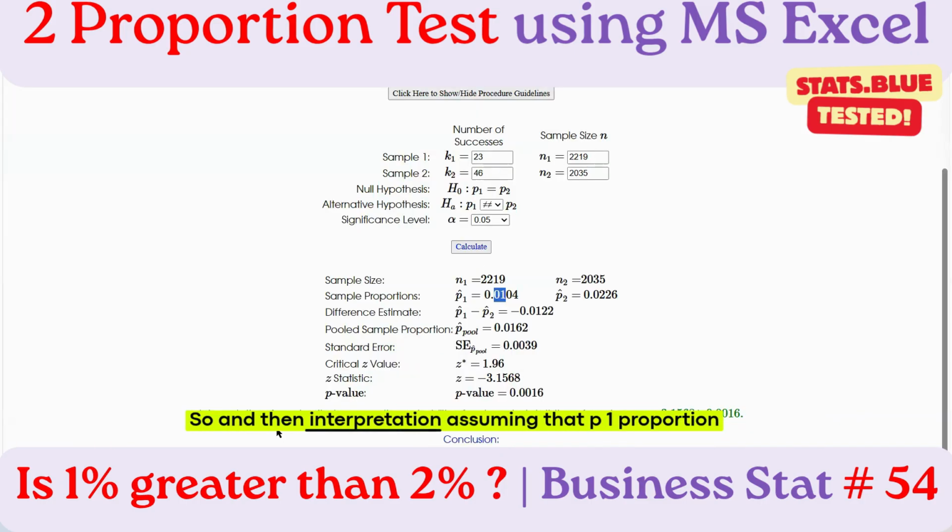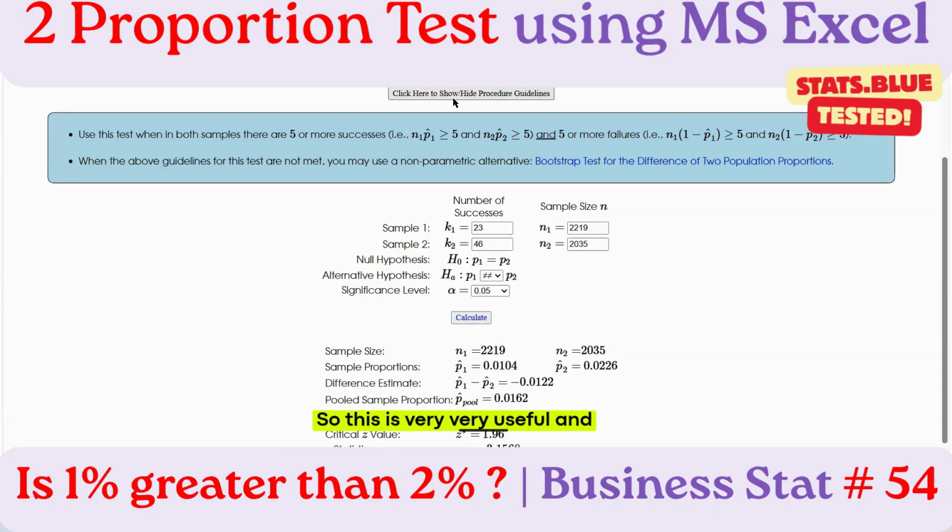And then the interpretation: assuming that proportion 1 equals proportion 2, the probability of seeing a statistic as far as the z value is 1.6%. Conclusion: reject the null hypothesis. So 1.6%, which is less than alpha. This is very, very useful.